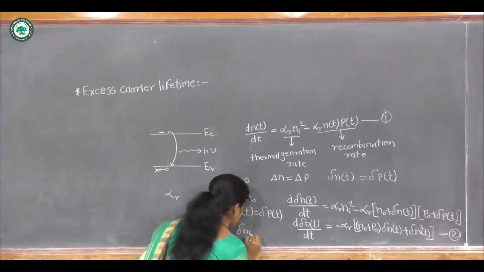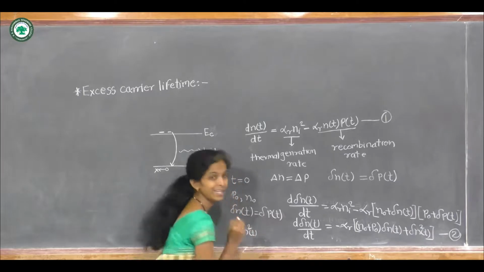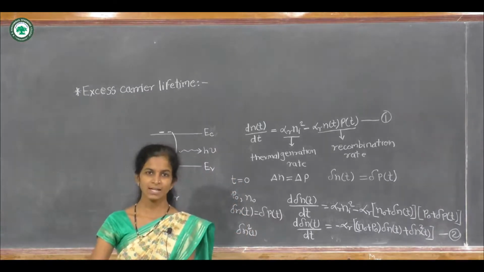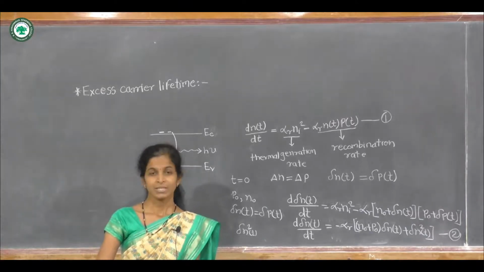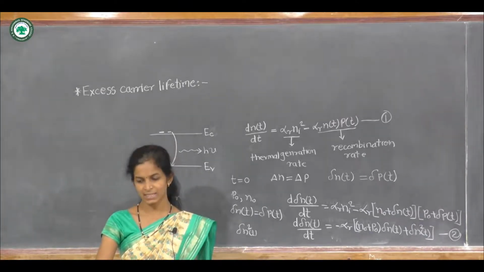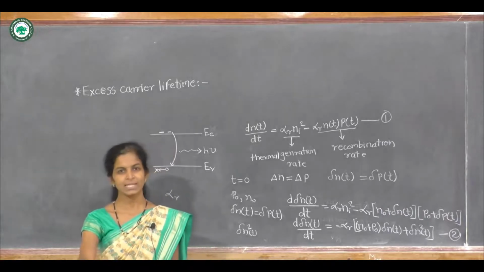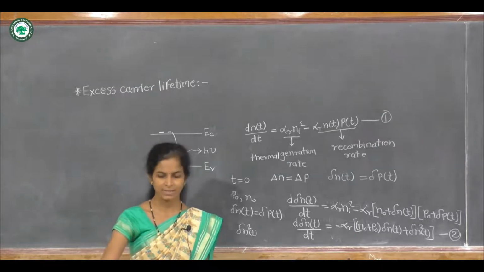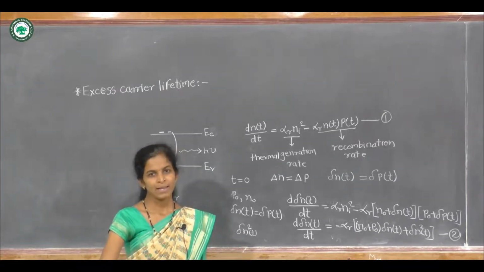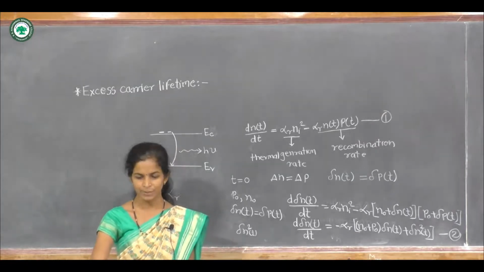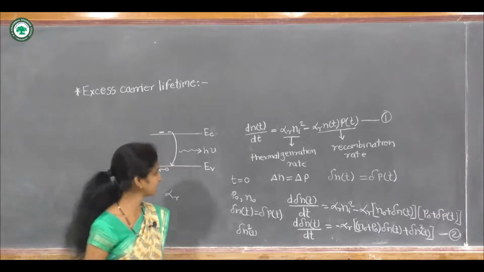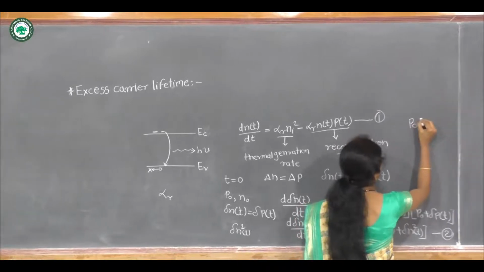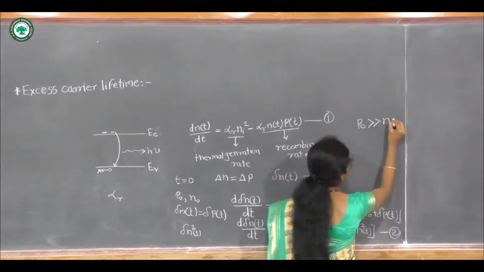If the material is extrinsic, we can usually neglect the term representing equilibrium minority carriers. For example, if the material is p-type, one may write p0 is greater than n0.